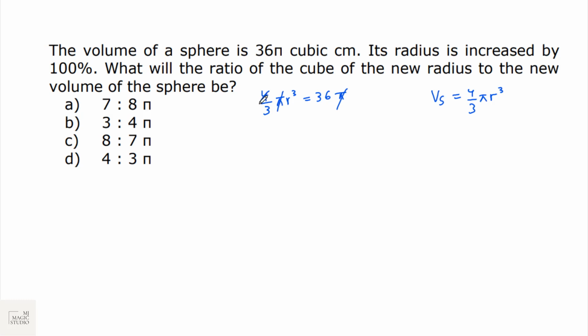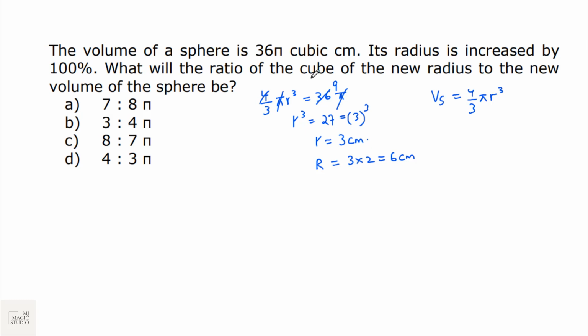Let's cancel pi. 4 into 9 cancels, so r cube is 9 into 3, 27. That is 3 cube. So radius of the sphere is 3 centimeter. Its radius is increased by 100%. That means new radius is 3 into 2, that is 6 centimeter. If it is increased by 100%, the multiplying factor will become 2.